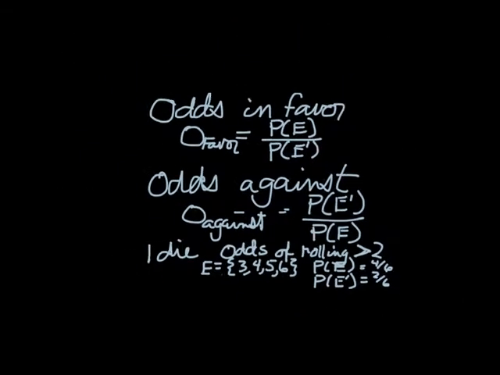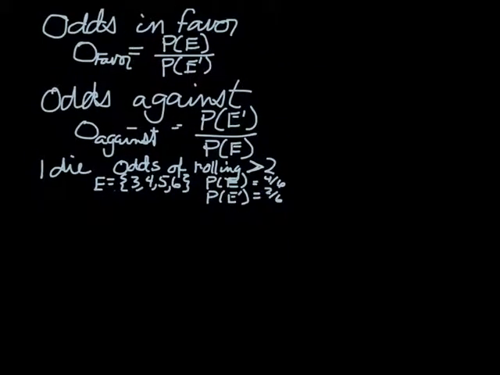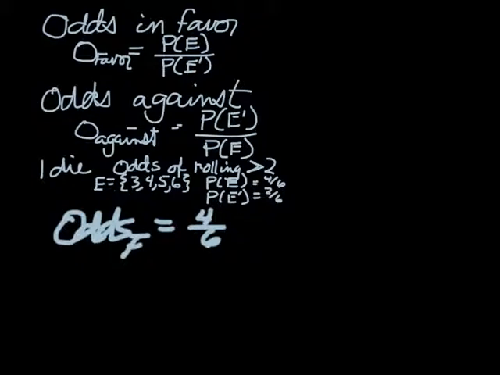And so since we have that, we can now finish the problem. The odds in favor of rolling greater than a 2 are going to be the probability of the event divided by the probability of not the event.